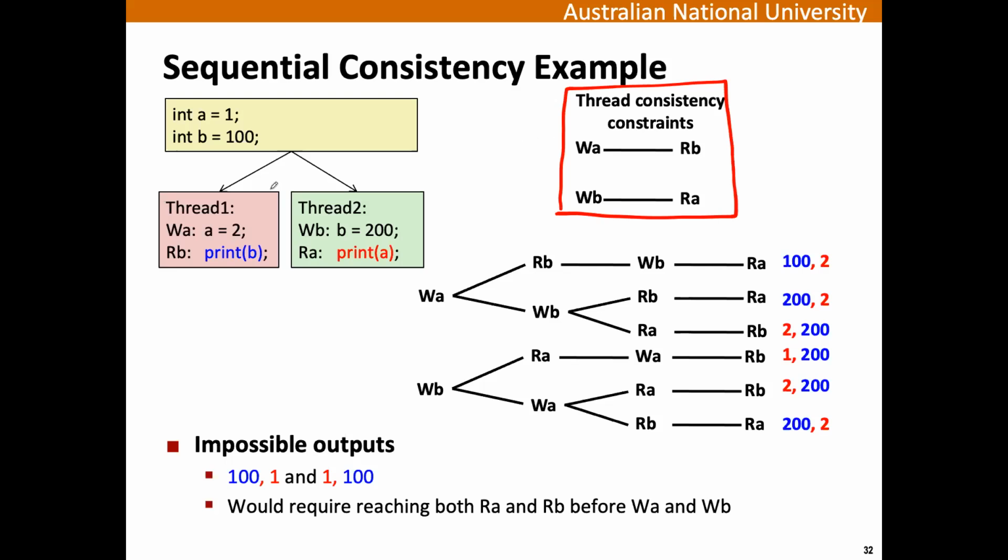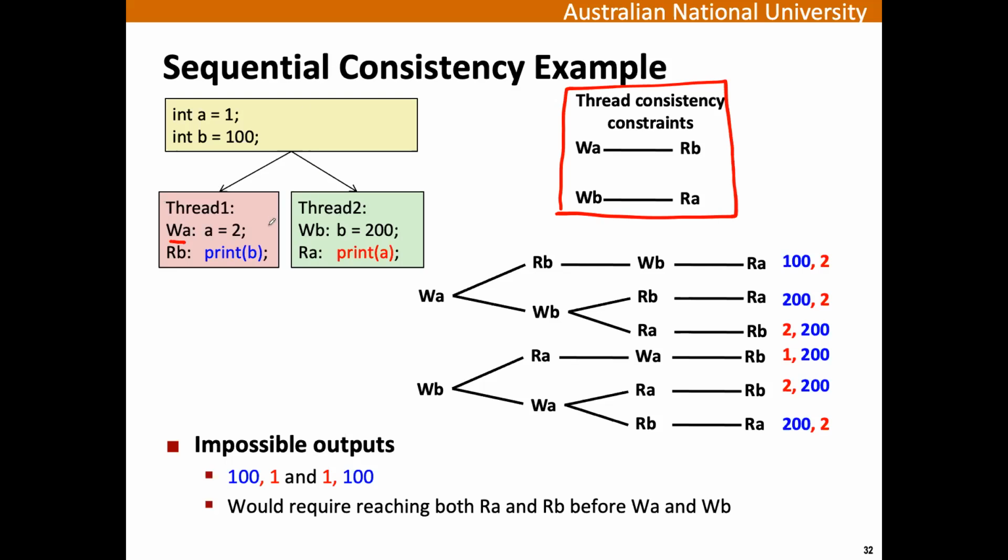When you run this program on a real processor, we have no clue what will happen, all bets are off. But as a programmer, we need to give certain guarantees, certain outcomes that are possible, and we need to tell the programmer, you will never encounter these outcomes. And the way we do that is by specifying the memory consistency model.